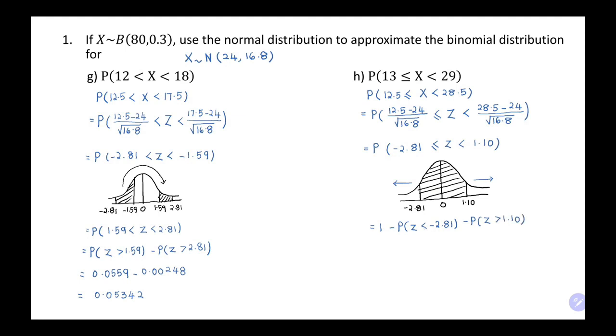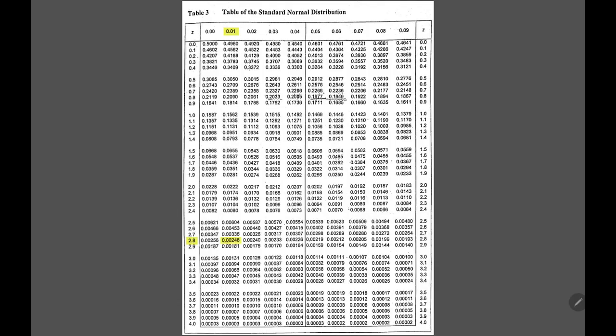Z less than negative, so we can change to P(Z) greater than 2.81. The reason is that the area of this tail is the same as the area of the right tail. So we can change to greater than positive. And minus P(Z) greater than 1.10. Both are greater than and positive numbers, so we can check from the table. 2.81 we have 0.00248 and 1.10 we have 0.1357.